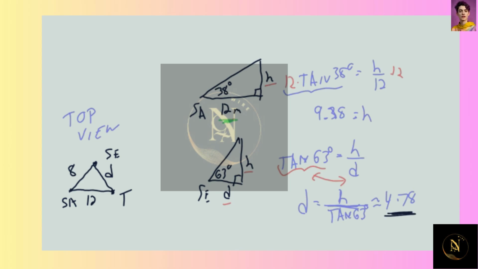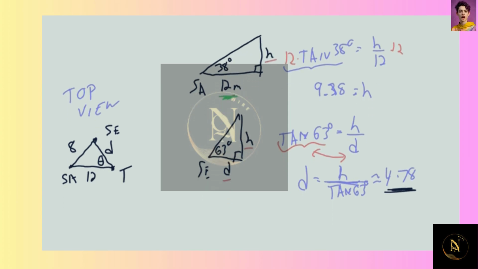All right. And so it says if you're standing at the tower, then what is the angle from Sarah to Seth? So we're looking for this angle right here. Let me put an angle theta there. And again, I can find an angle if I know the three sides by using the law of cosines. So let me go ahead and do law of cosines there.